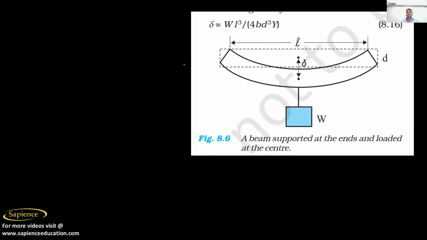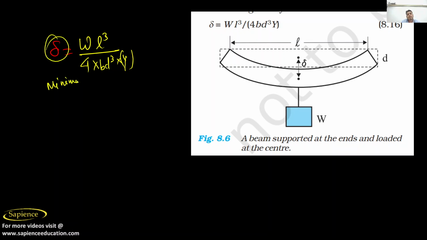For example, here you can see the deflection of a beam. Suppose there is a beam, and deflection of the beam is given by W, that is load, into L cube divided by 4 into B D cube into Young modulus. We have to design in such a way that deflection should be minimum, right?